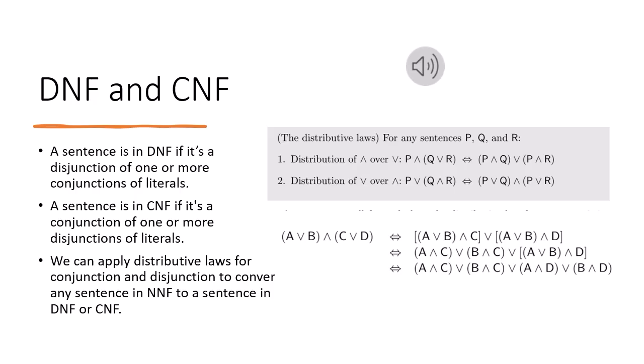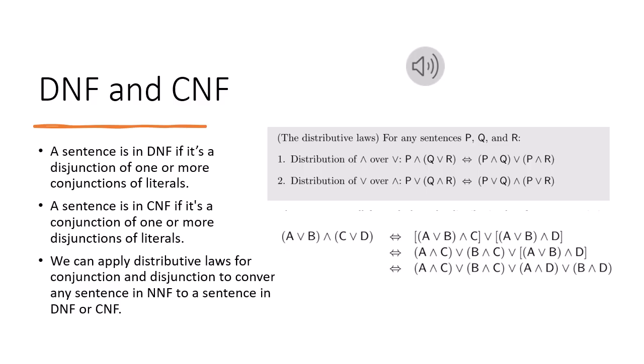If we have P conjunction Q disjunction R, then that's logically equivalent, and not only logically equivalent but tautologically equivalent (you can check it with the truth table) to P and Q or P and R. And vice versa, you can distribute the disjunction over the conjunction. The reason we use the words distributive law is that if we were to write the conjunction and disjunction instead with a multiplication and an addition symbol, this would be the familiar form for the distributive laws.